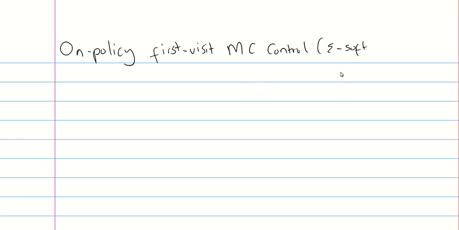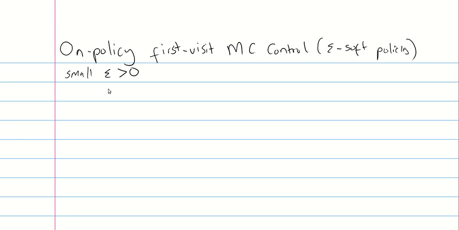So this is for epsilon-soft policies. This is the algorithm we're going through. So what are we going to start with? We're going to start with a small epsilon that is greater than 0.